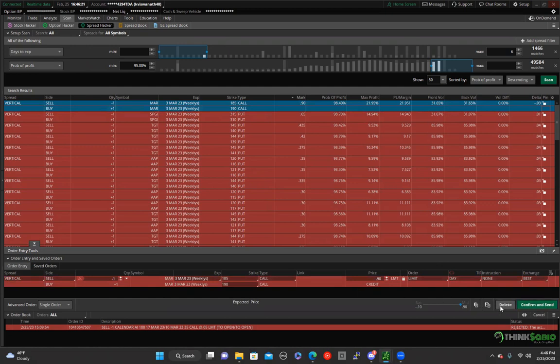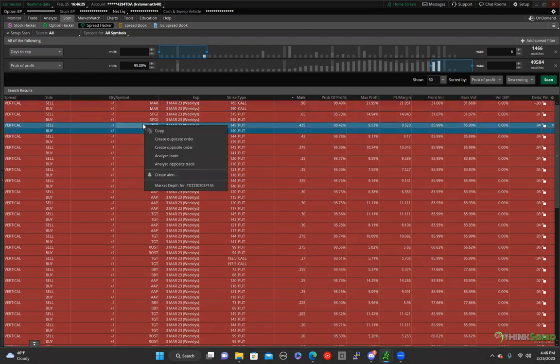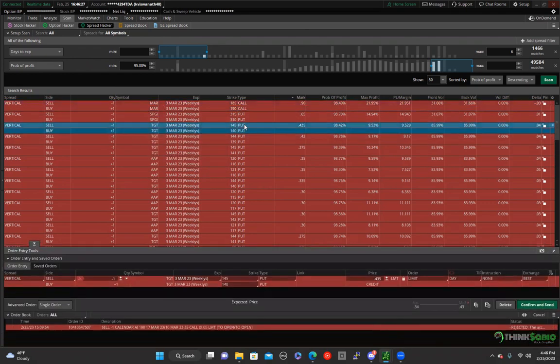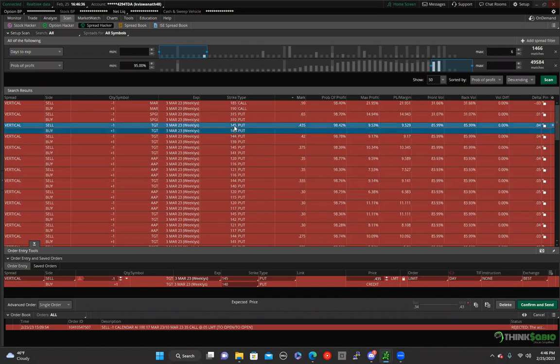If you know the stock, if you don't like Marriott, here it is, Target. And they're basically bullish on Target, it looks like. And then you can basically buy 140 and sell 145 put.